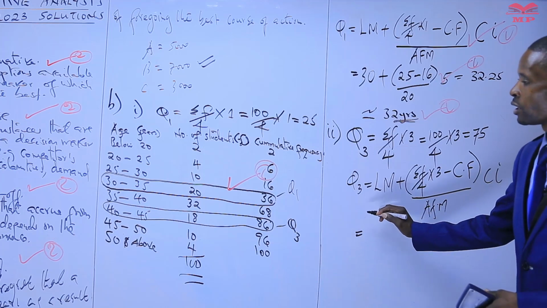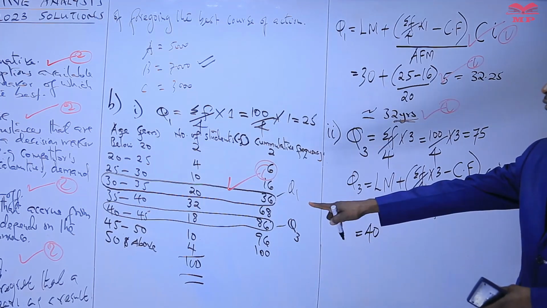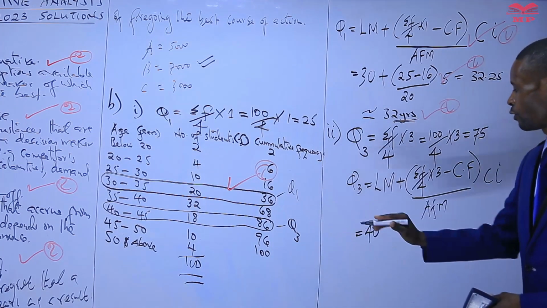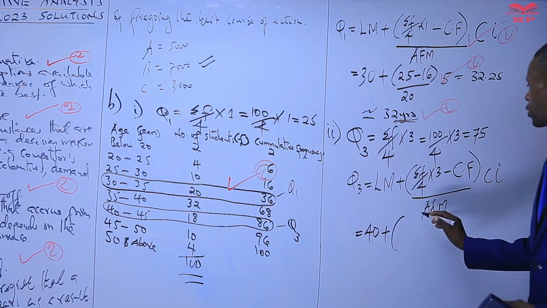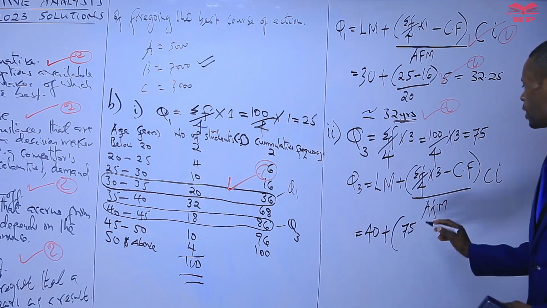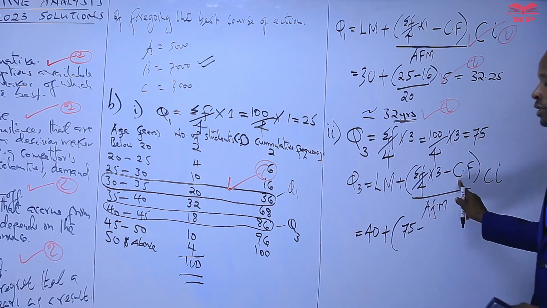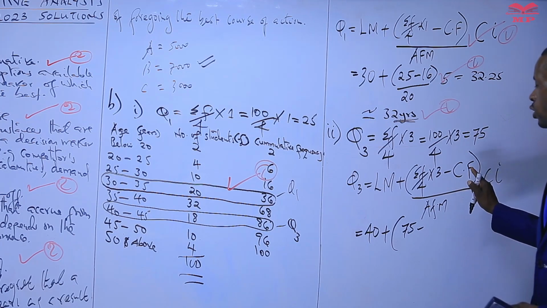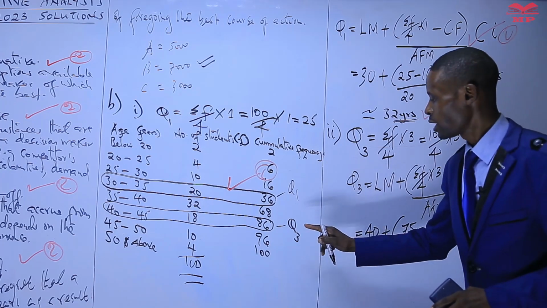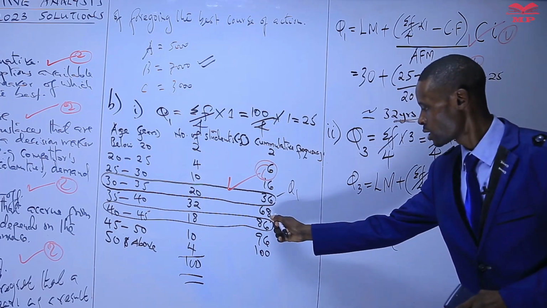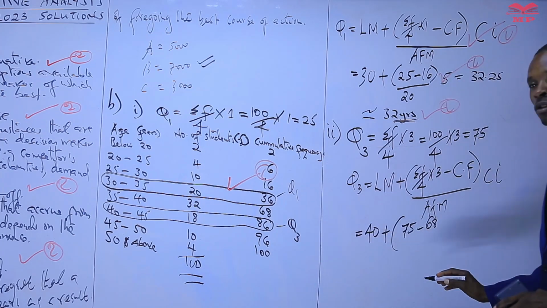The lowest boundary is 40, plus open bracket, summation here will be 75, minus the cumulative frequency above the quarter 3 range, which is 68.